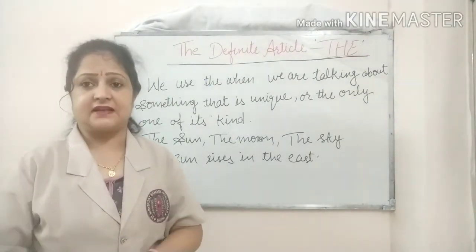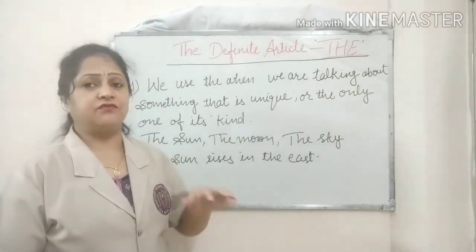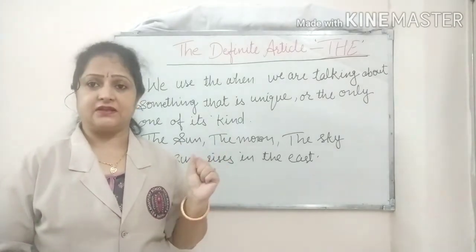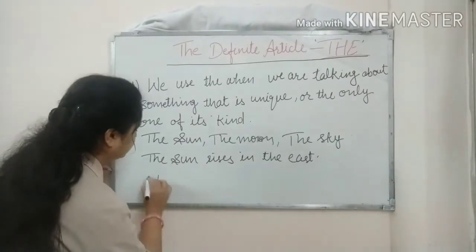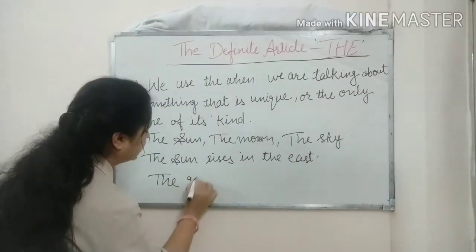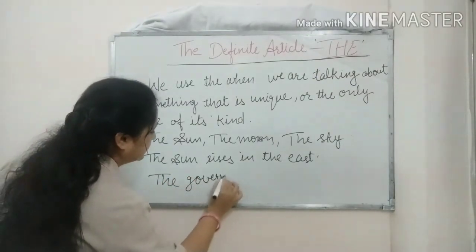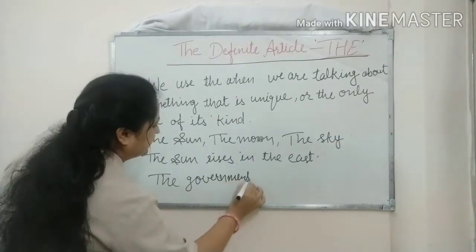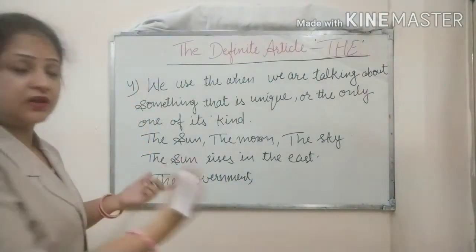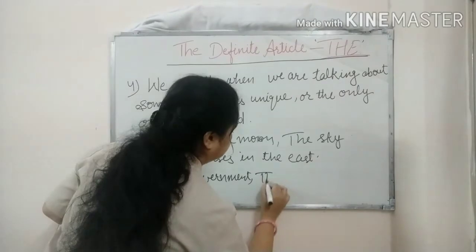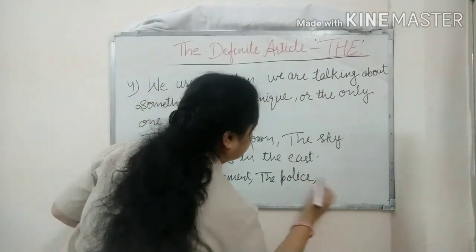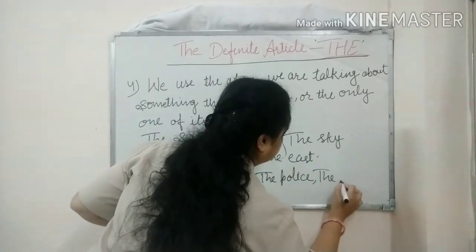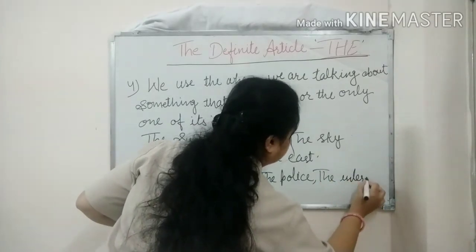Some other things are there which we consider unique, and these things are the government, the police, and also the internet.